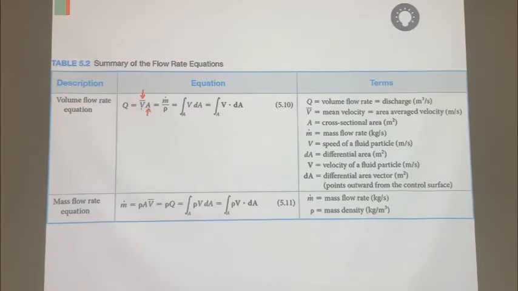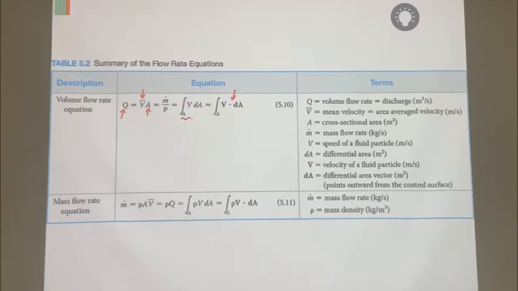If you directly know the mean flow velocity, then you can compute the discharge very quickly. But this is based on the idea that the flow direction is always parallel to the normal vector of the cross-section area. If not, you need to use the dot product operator to calculate the discharge.